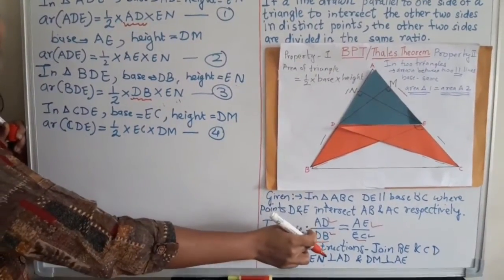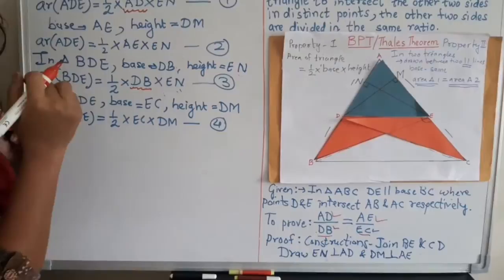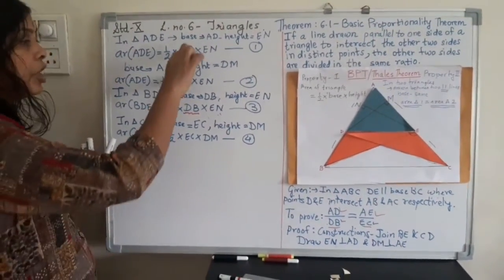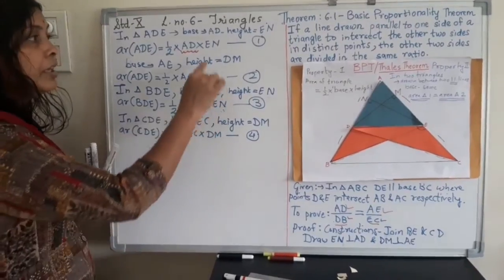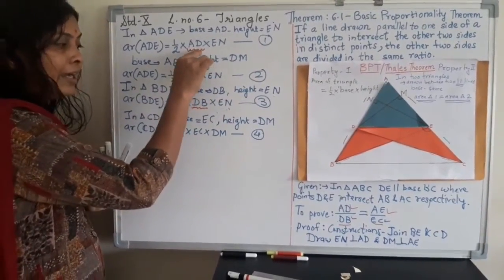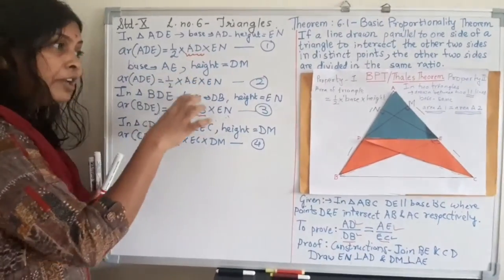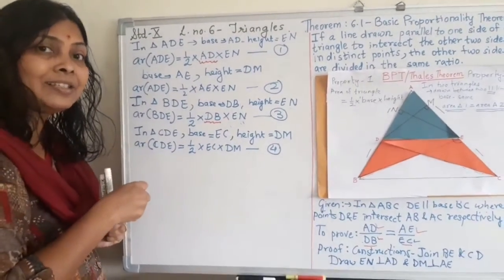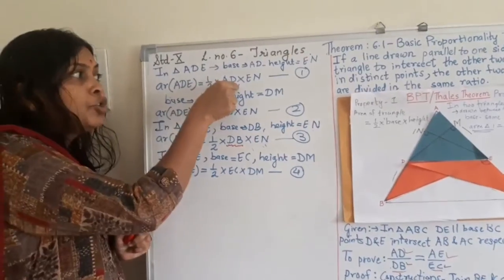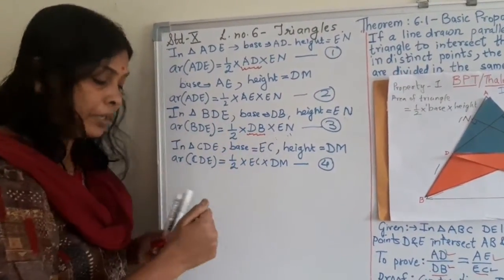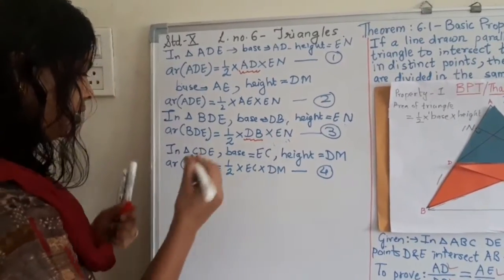They are related in division form, AD upon DB. So we are dividing these 2 equations in such a way, equation 1 which has AD and equation 3 which has DB segment. We are dividing so that AD should be at numerator and DB should be at denominator.